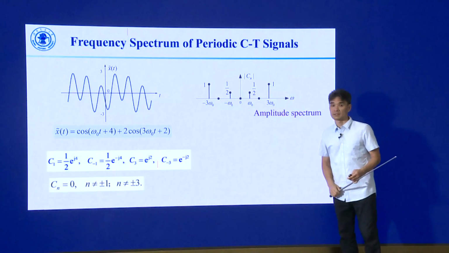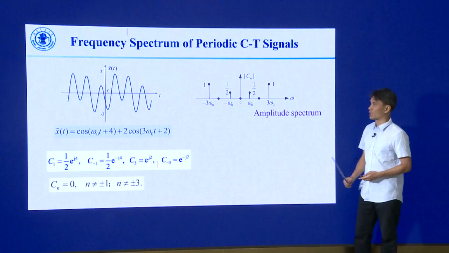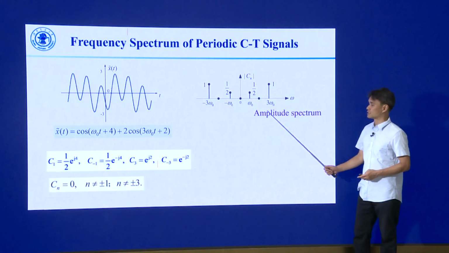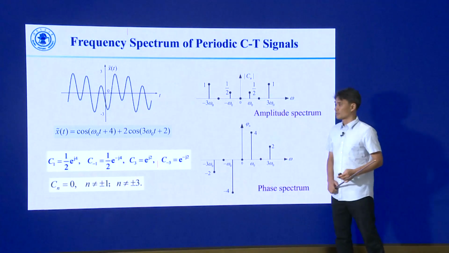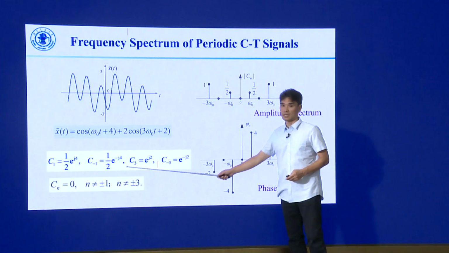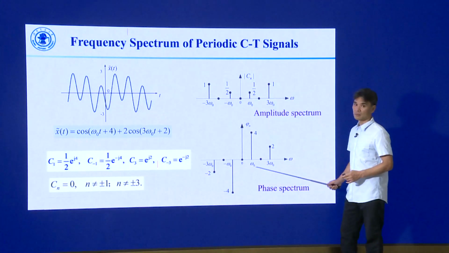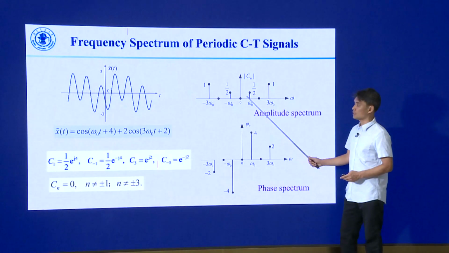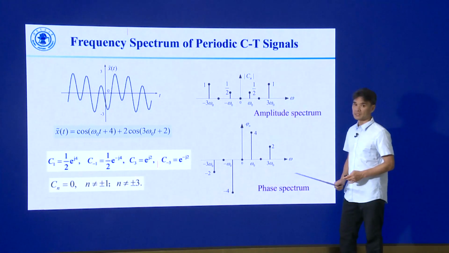This is based on the inverse continuous time Fourier series to help us figure out the spectrum of the signal in the frequency domain. And this spectrum is a complex spectrum, so there are two independent components: one is the amplitude spectrum, while the other one is the phase spectrum.